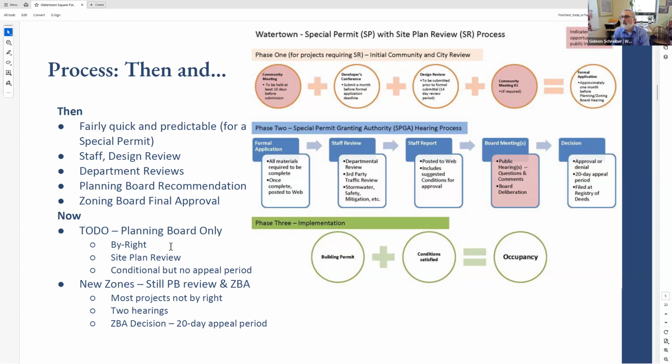And so long ago, we created this kind of guide where you have to do a community meeting and a developers conference and design review, and then perhaps, depending on the scale, another community meeting before you submit a formal application. You have a formal application, a staff review, staff report, board meetings, decision, and then you wait for the appeal period, and then you can pull the building permits.